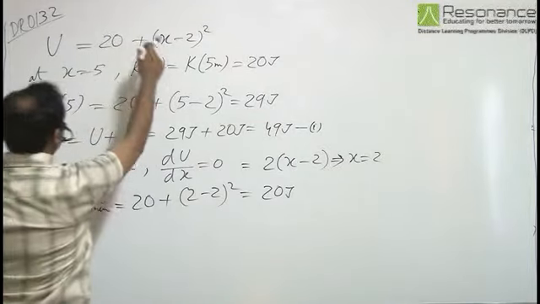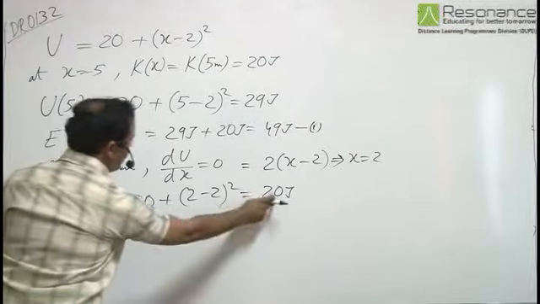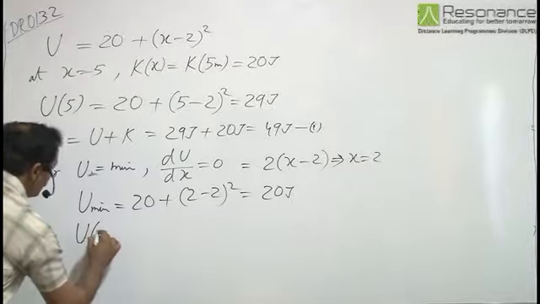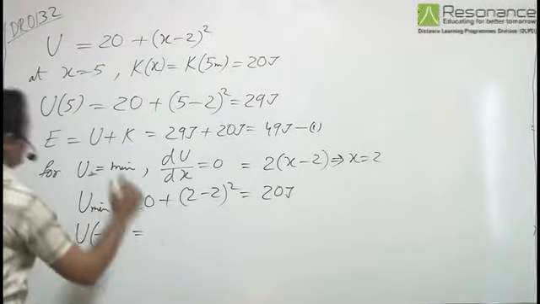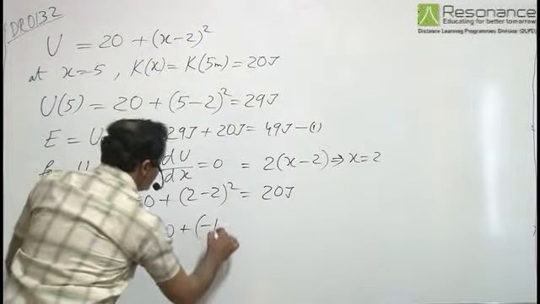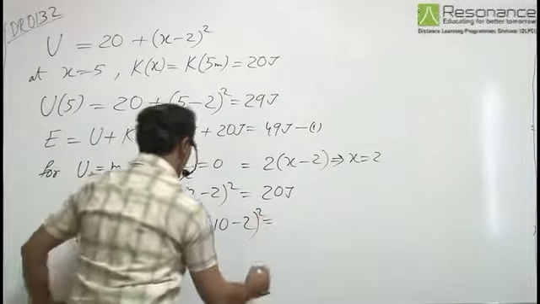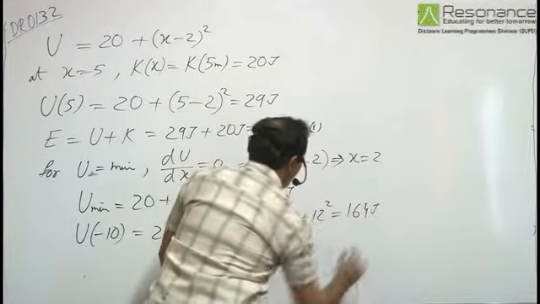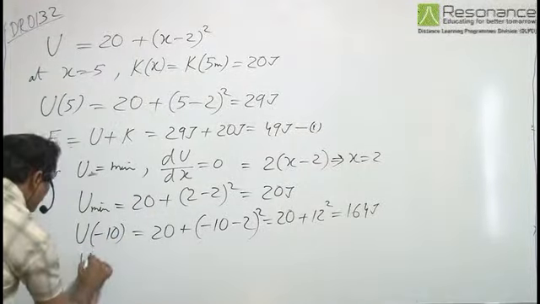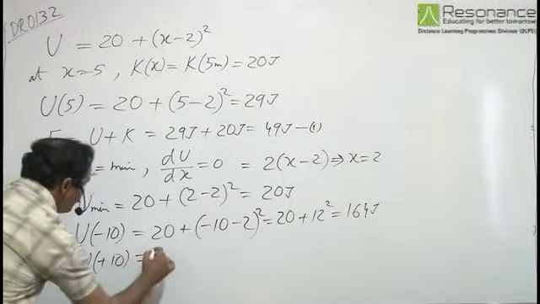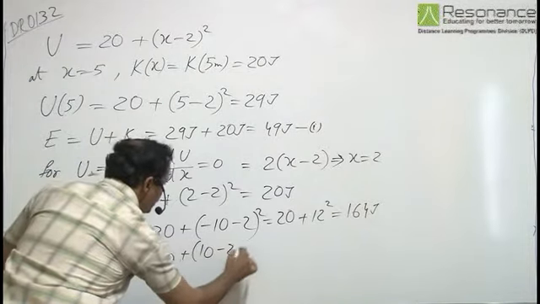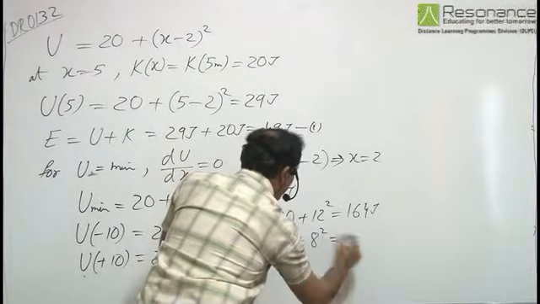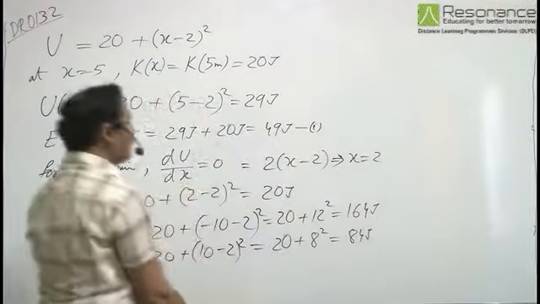As we can see, this is a parabolic graph with minima at 20 joules at x equal to 2. Now at x equal to minus 10, the value is 20 plus (minus 10 minus 2) square, 20 plus 12 square, that is equal to 164 joules, and U at plus 10 is 20 plus (10 minus 2) square, that is 20 plus 8 square, equal to 84 joules.